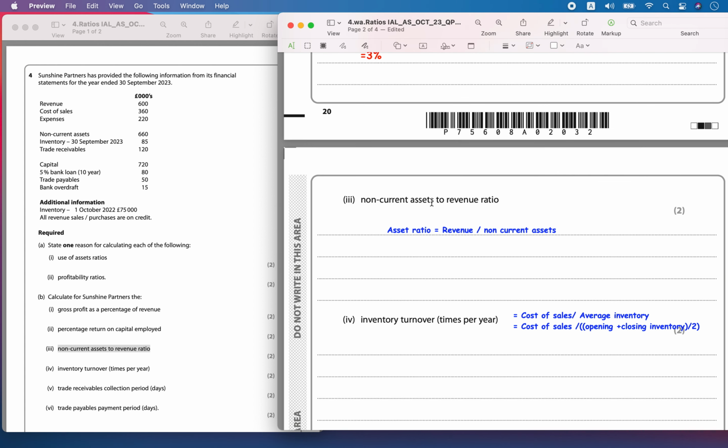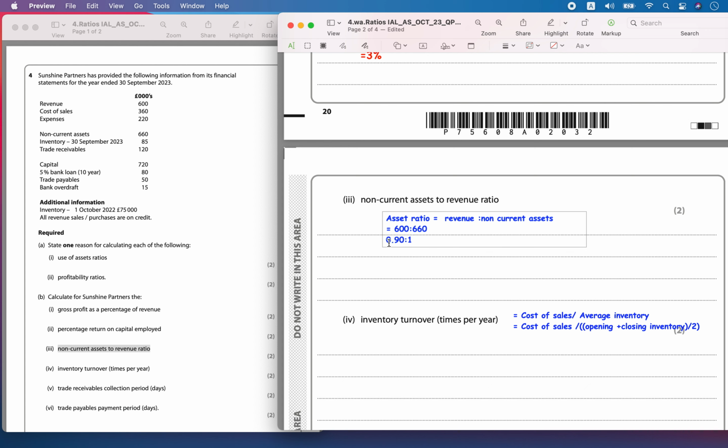Then the next one is non-current assets to revenue ratio. You can find it to be equal to revenue, which is 600, and the non-current assets at 660. So the ratio is going to be equal to 0.90 is to 1.